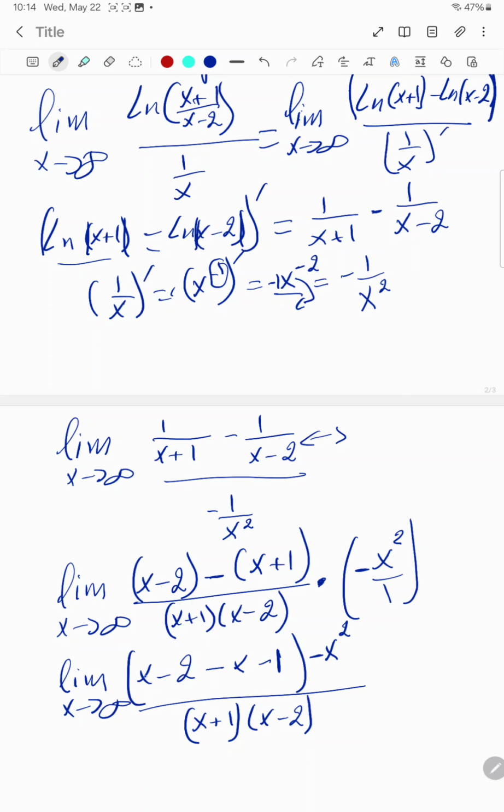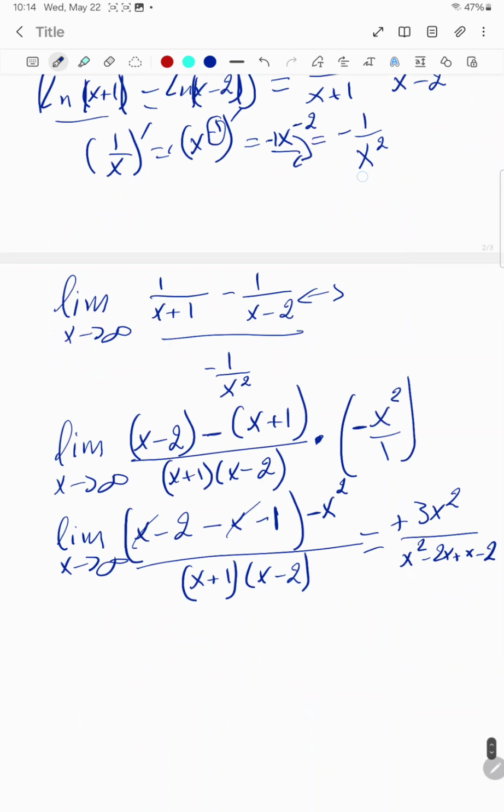So now I have plus x minus x, it cancels out, and minus 2 minus 1 is minus 3, times minus x squared is plus 3x squared, divided by, if I multiply this, it becomes x squared minus 2x plus x minus 2.